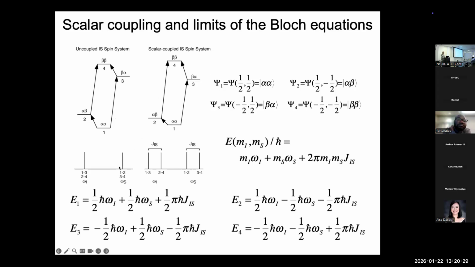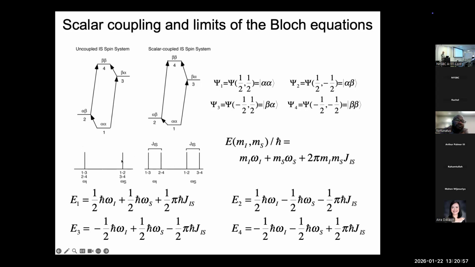beta alpha. And that means here, in the absence of a coupling, our line here, say on the proton, is doubly degenerate. But with the coupling, that line is split into the multiplet. This is a bad figure because this line should be twice as big as this line over here.